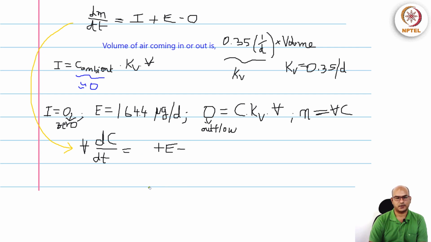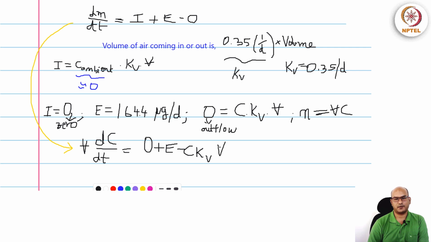So 0 plus E minus C KV times V. So we will get rid of this and have our dc by dt equation.